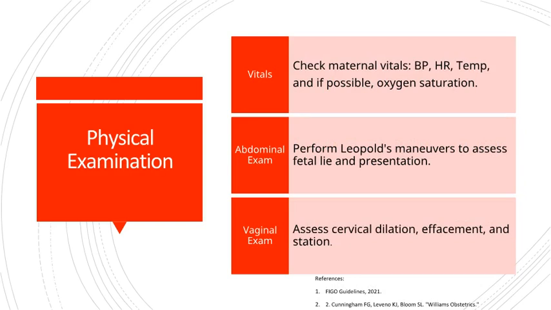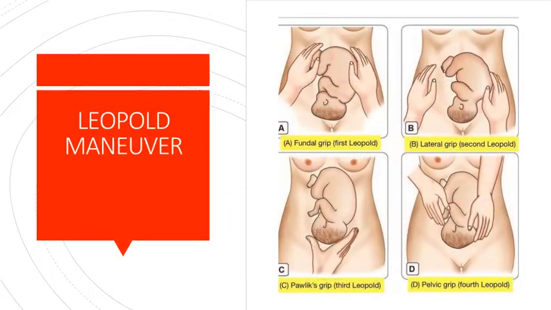Next, you want to complete an abdominal exam with Leopold's maneuvers to assess fetal lie and presentation. You then have to complete a vaginal exam to assess the cervix for dilation, effacement, fetal station, and to confirm vertex presentation. This image illustrates the 4 steps of Leopold's maneuvers, which are a systematic abdominal examination used to determine the position, presentation, and engagement of the fetus during pregnancy.